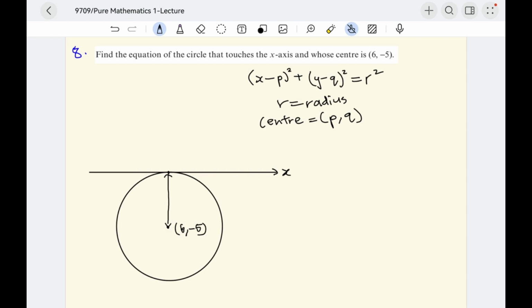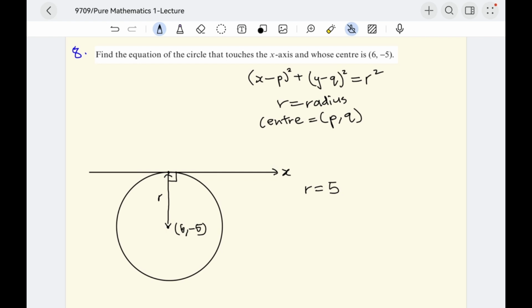You will spot that the x-axis is tangent to the circle, so you don't have to carry out any calculations to find the radius. Actually your radius is 5, because this radius line is perpendicular to the x-axis, and there's a -5, so the center is 5 units away from the x-axis vertically. So you will find the radius instantly. The radius is 5, because radius can only be positive.